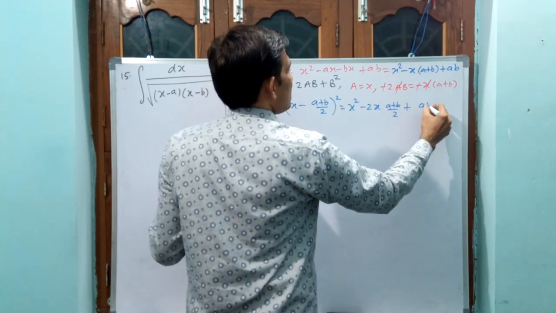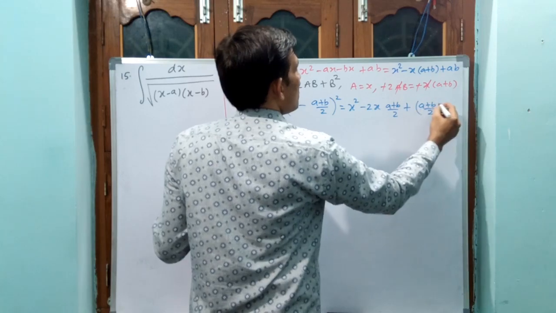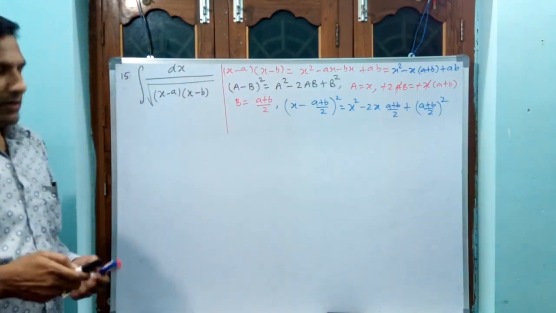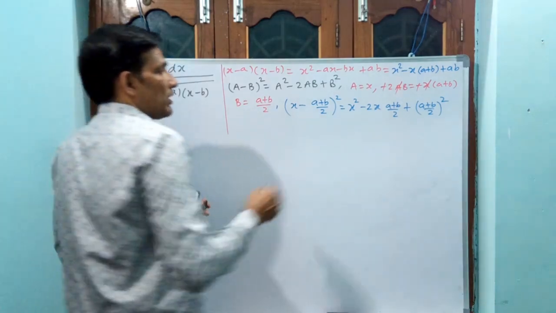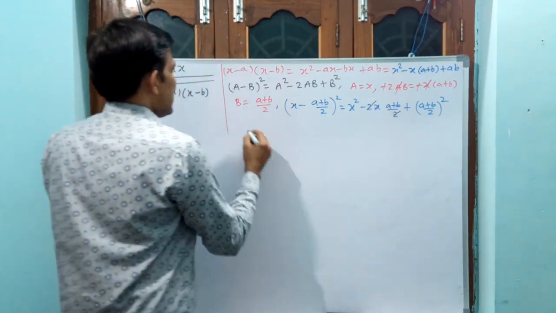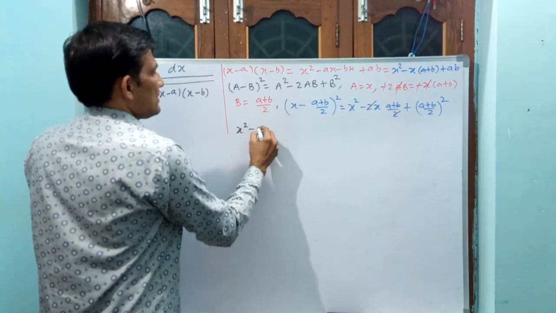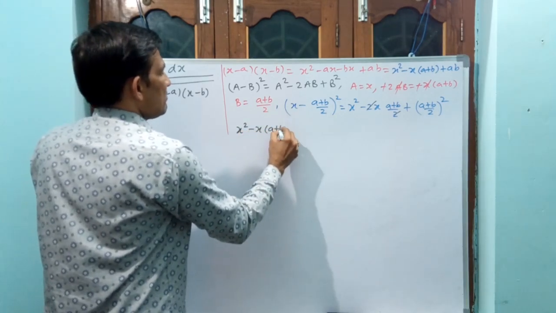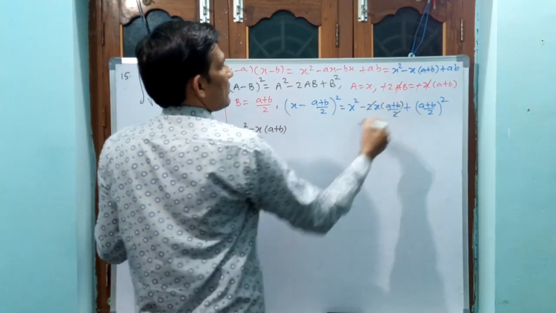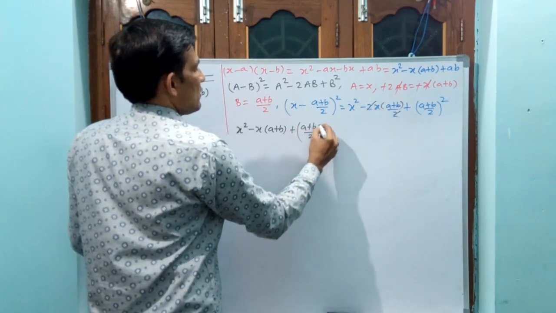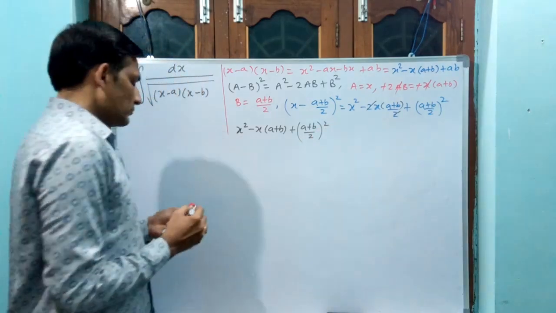Plus B square means (a plus b) by 2 whole square. Okay, this will come. You see the 2 is going to get cancelled. This is going to become x square minus x into (a plus b), plus ((a plus b) by 2) whole square.